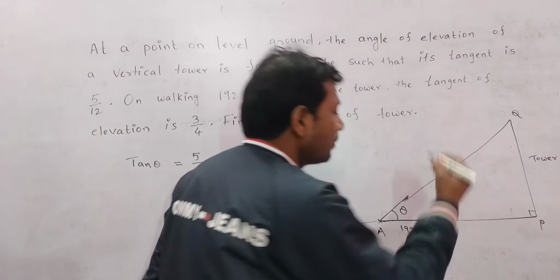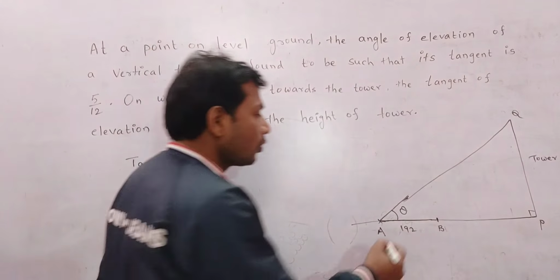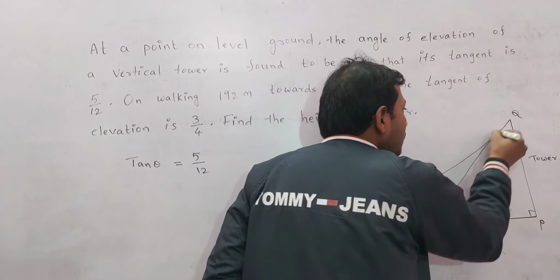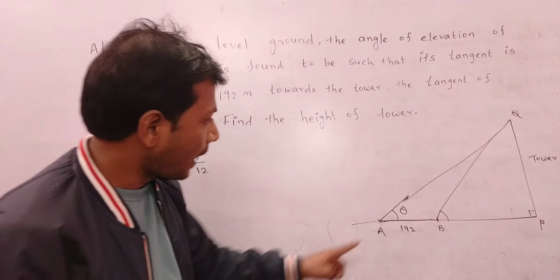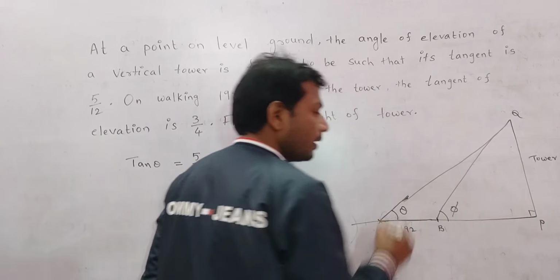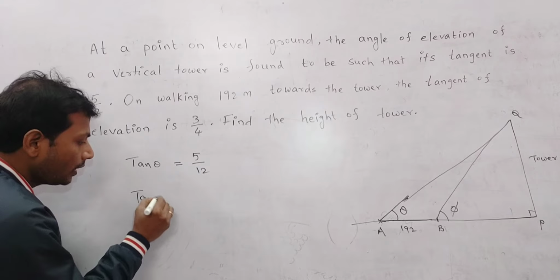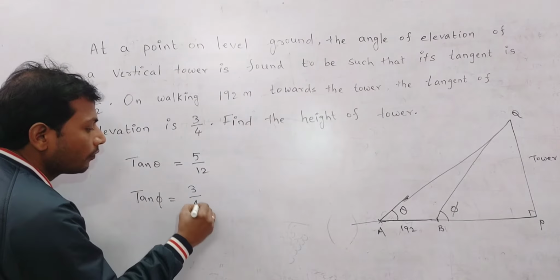This is the location B. From here, when you see the top, again it is going to make some angle's tangent. Suppose here I have given theta, then I am giving here phi. Then he has given that tan phi equals 3 by 4.